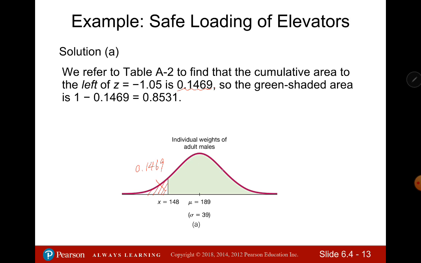How can we get the area of this green shaded part? We use the total area, because we know the total area under the curve is 1. So 1 minus the area cumulative to the left, we can easily get the area to the right. This step is not hard, but sometimes you will just forget this step. Make sure you don't mess up the left side and the right side. So in this case, 0.9531 is the answer for part A.